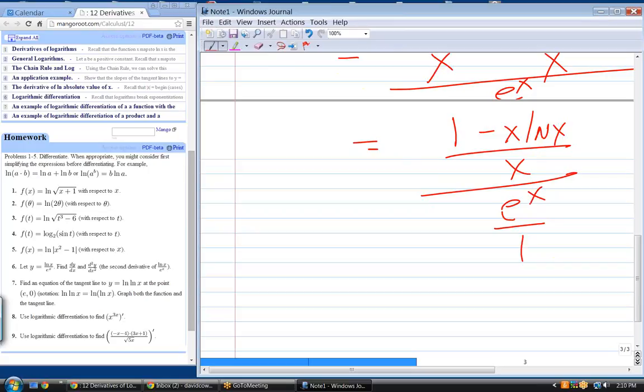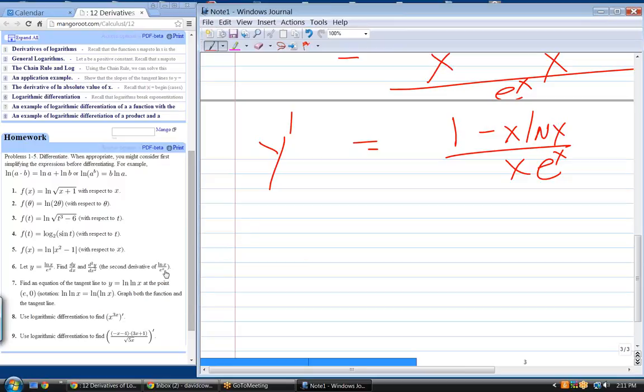We take the reciprocal and multiply. Okay, so this becomes x e to the x. So that is our y prime simplified as much as we can simplify it. Okay, now y double prime.